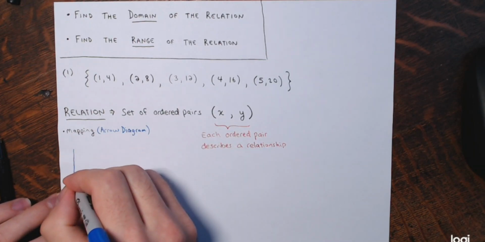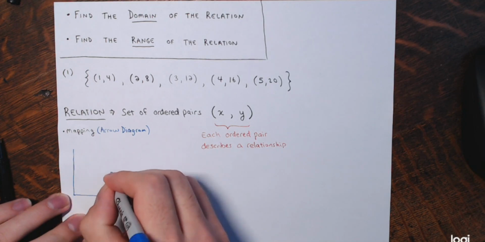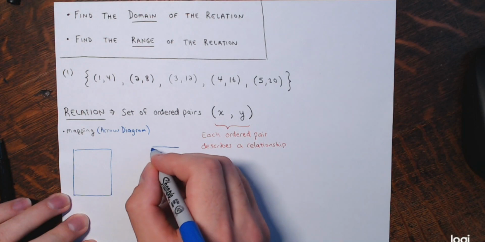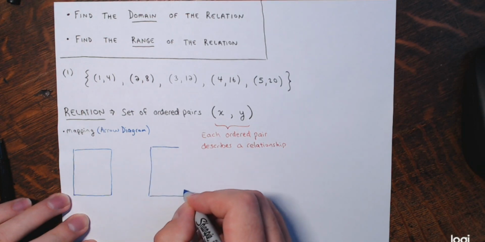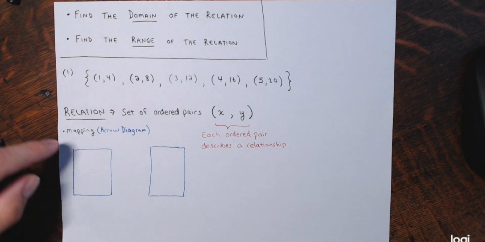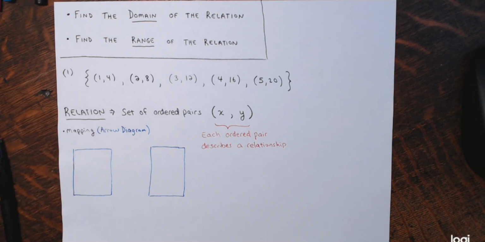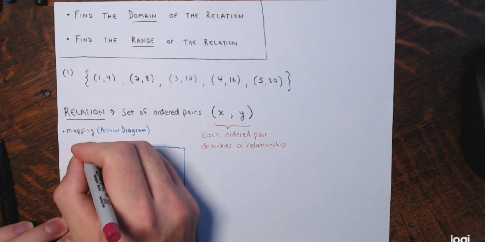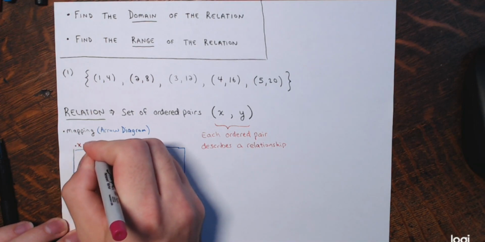So you put up these two boxes, a box on the left and a box on the right. In the box on the left go all the first coordinates, or all the x values.